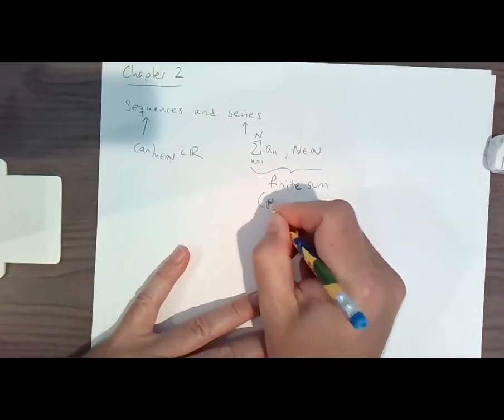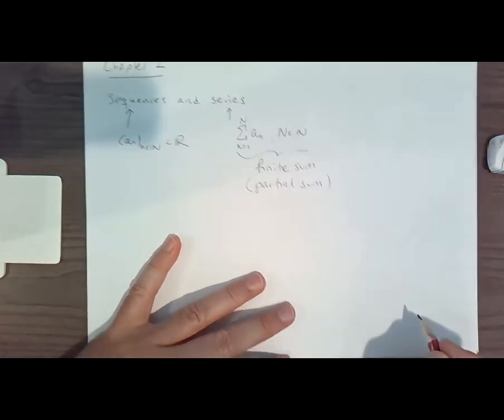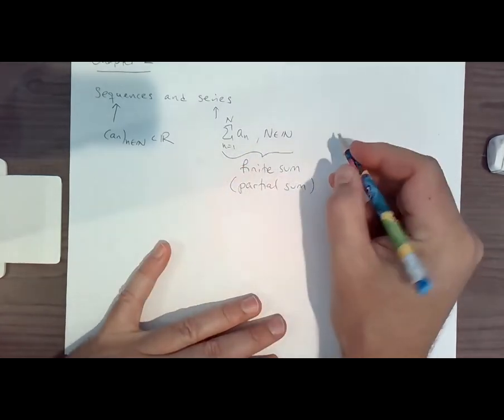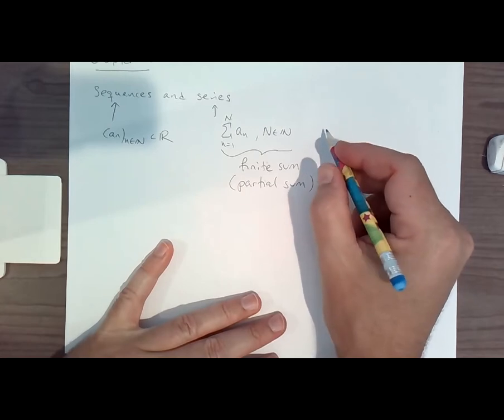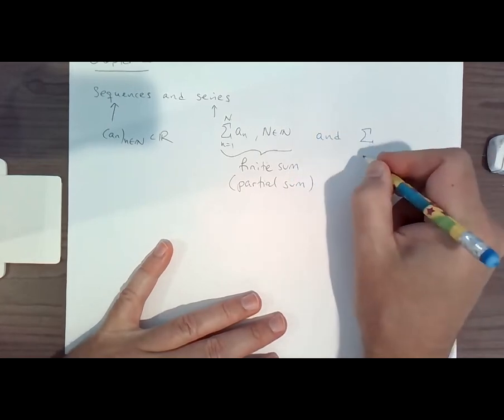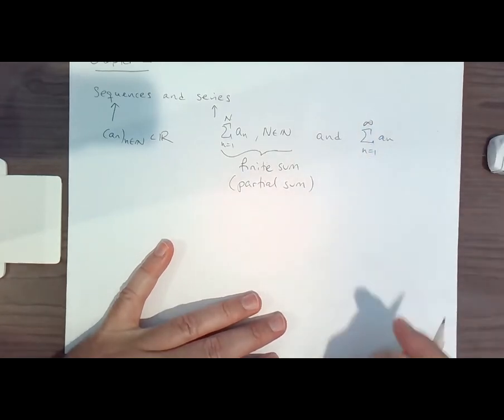Some people call this a partial sum. And then the difficult part here is we're going to be looking at these limits. We're going to be looking at expressions of this type, the sum from n equals 1 to infinity of a_n.